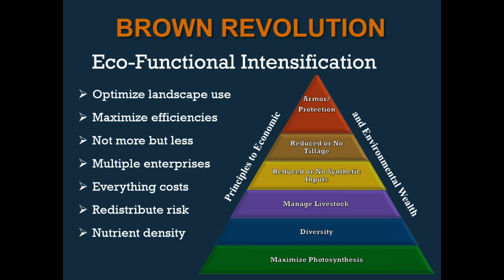We're going to be looking at our landscape and utilizing it to the best intensity level that we possibly can, which means combining multiple enterprises, especially in an annual crop production system, not just including cover crops, but also grazing those cover crops, so that you are intensifying the use of that landscape.